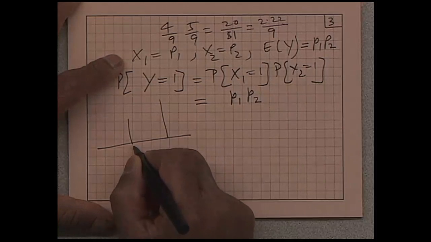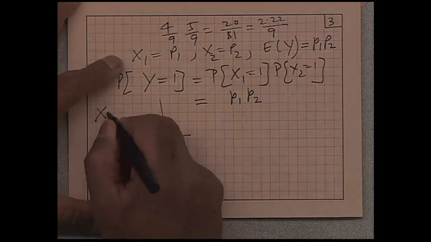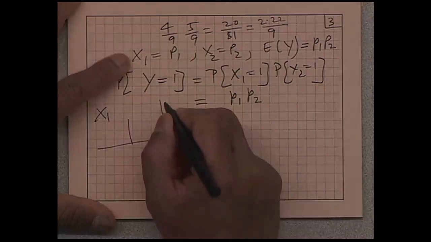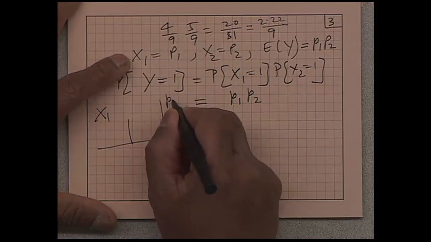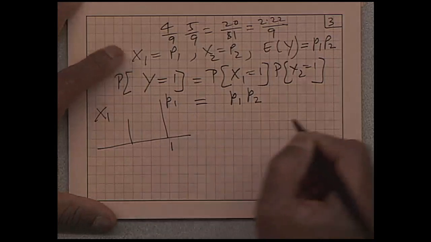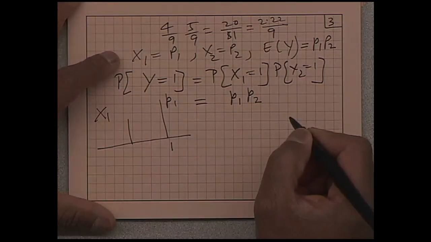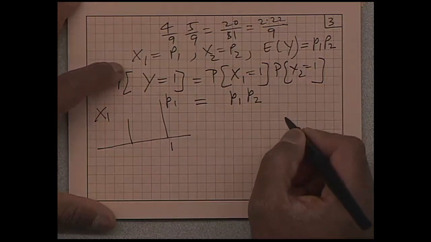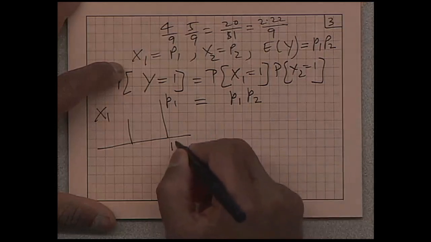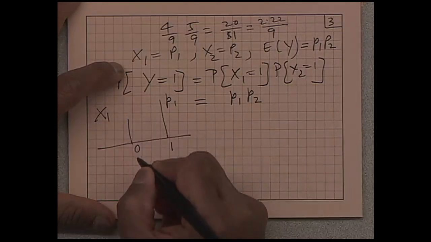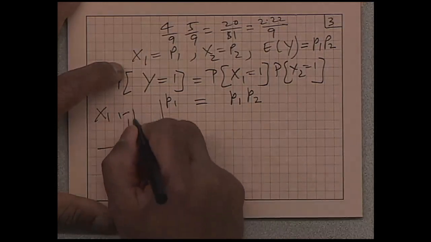Let's talk about x1. If x1 has a probability P1, that means the probability of any bit being 1 is P1, and the probability of a bit being 0 is 1 minus P1.